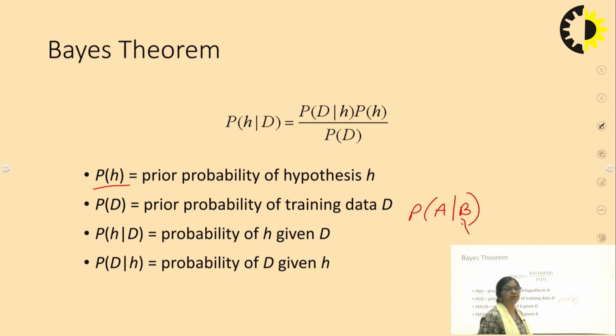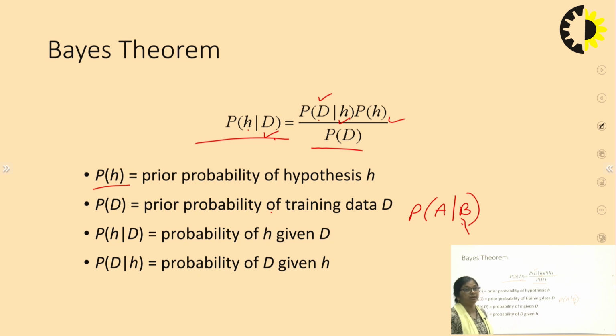What does Bayes theorem say? Bayes theorem says that the probability of hypothesis H when D is the observation, that is the training data, is equal to the probability of the observation given hypothesis H, times the prior probability of the hypothesis, divided by the probability of D, the prior probability of the training data.